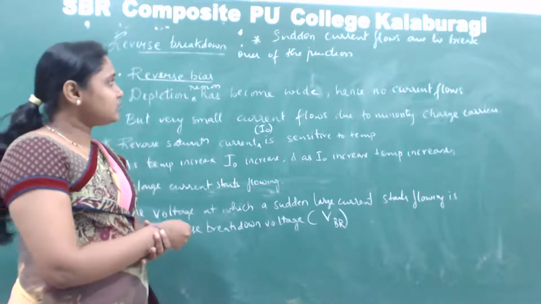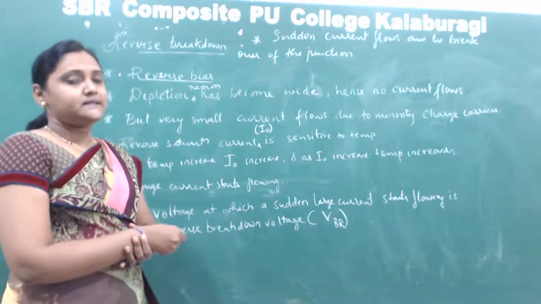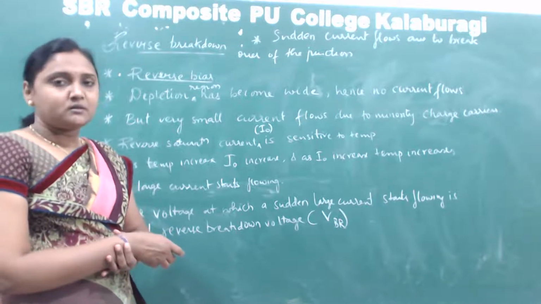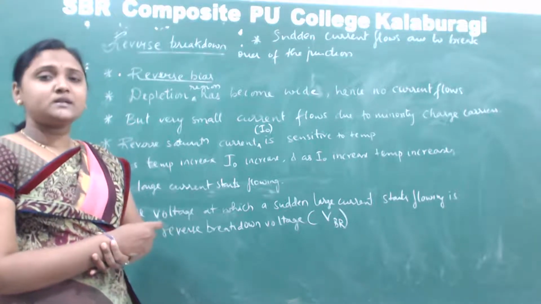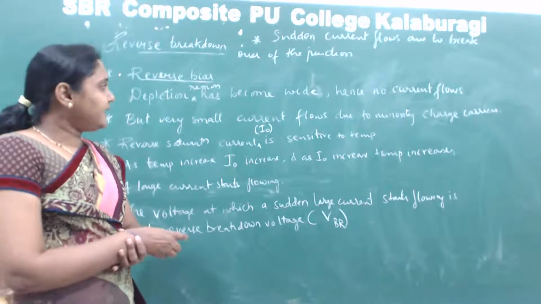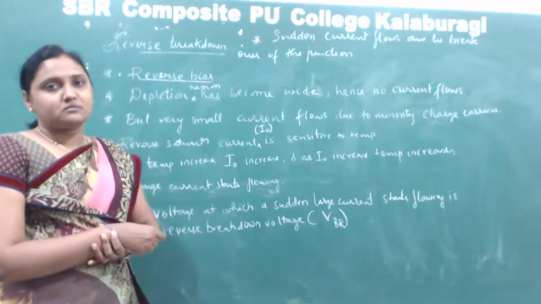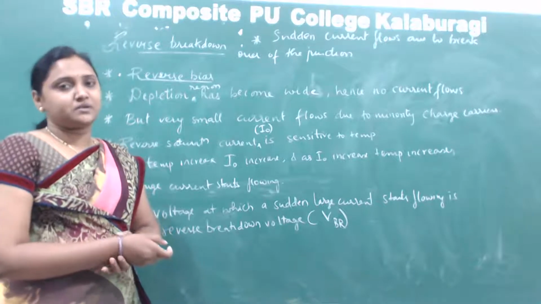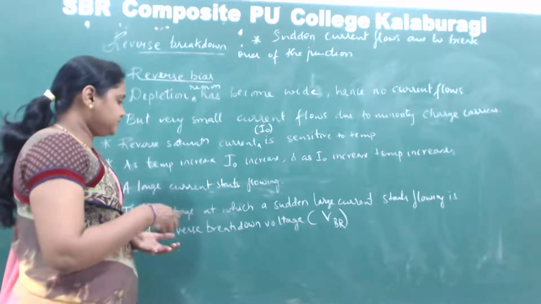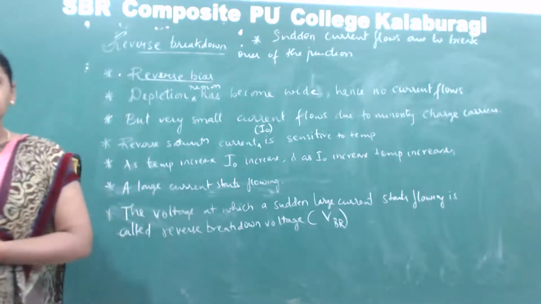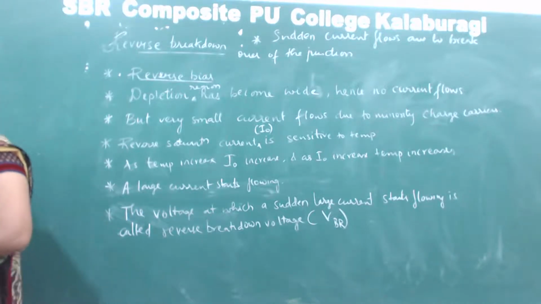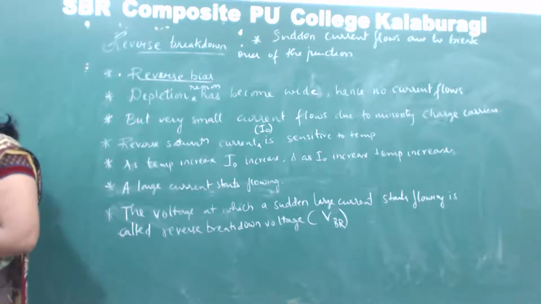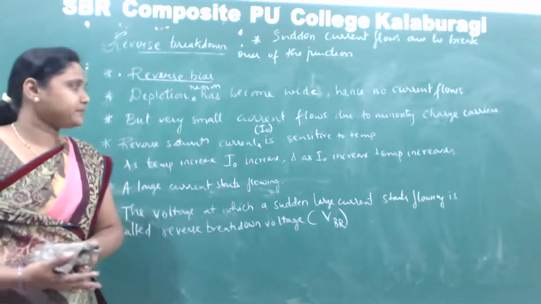The covalent bonds in the crystalline structure are completely damaged, and hence the diode is damaged. But once the reverse bias is removed, they can be reconstructed. Sometimes if a very large current flows and has completely damaged the diode, it cannot be reformed or reconstructed.